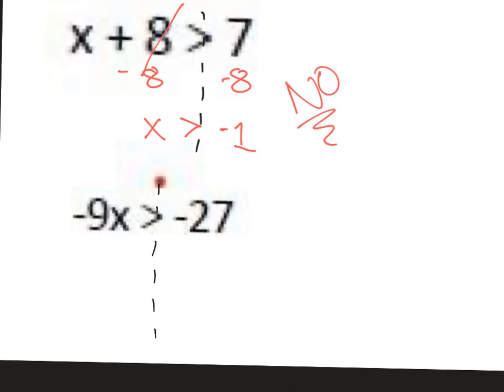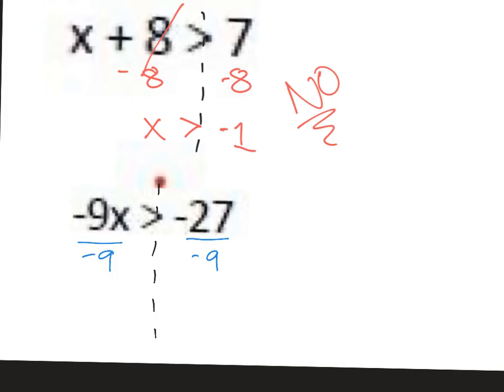Okay, we've got negative 9x is greater than negative 27. We have to divide both sides by negative 9. Oh, I wish I had an alarm sound, like ding, ding, ding. We're dividing by a negative.